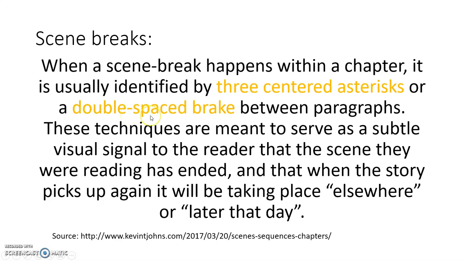That can be problematic, especially if you're going from one page to another, because it may not be super clear. Some more stylized books may actually have little pictures or little symbols between. So that is also something to consider. But for this class and for this program, the 3 centered asterisks are the standard.